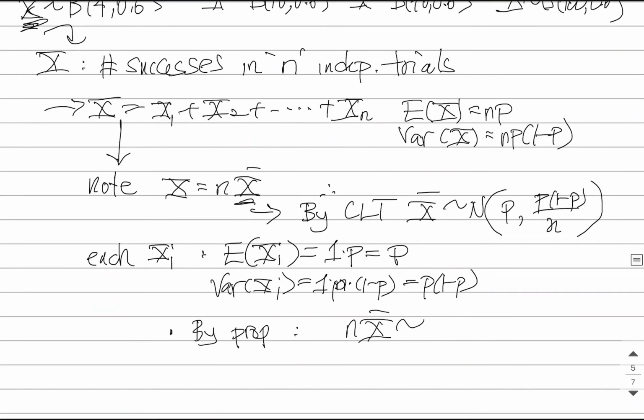A scaling of a normal random variable is still normal, but n will scale the mean by n, and that gets us the np like we expect, and we'll get an n squared times p(1 minus p) over n.